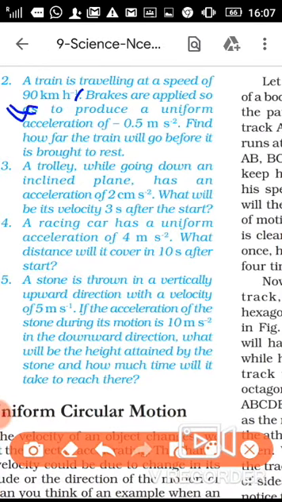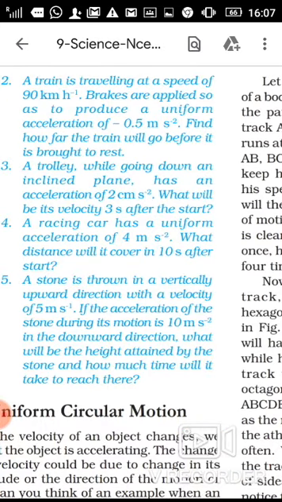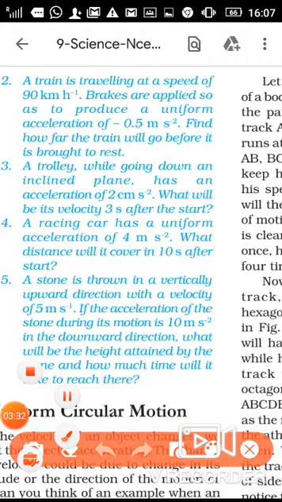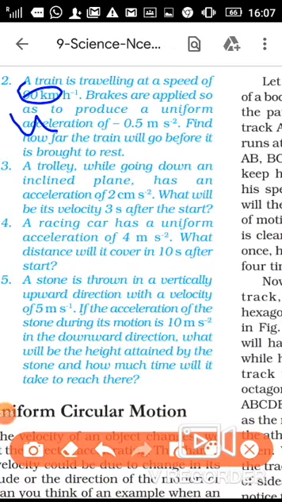Then brakes are applied so as to produce an acceleration of minus 0.5, because speed is decreased, velocity decreases, so you take it negative. Fine, and when you apply brakes, the final velocity will be 0.